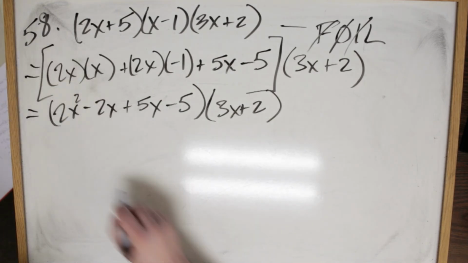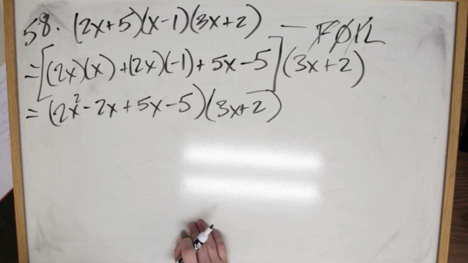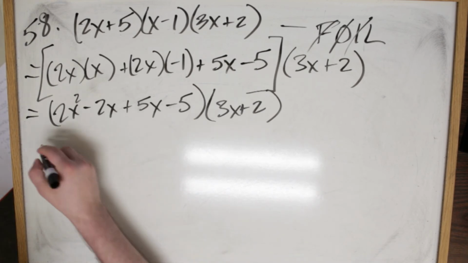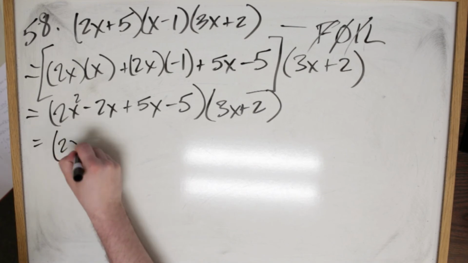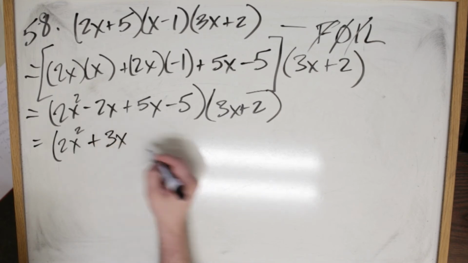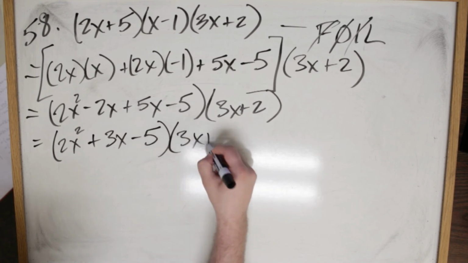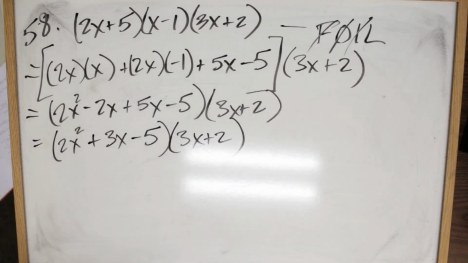I just assume they're all equal. If I don't put the equal sign, it's still assumed. So then we do 2x squared. This is going to be minus 2x plus 5x is a positive 3x, minus 5. 3x plus 2. Now we're in the same situation we were in the last problem.